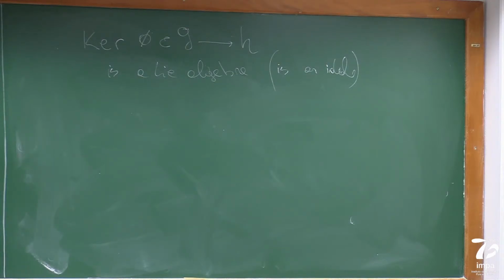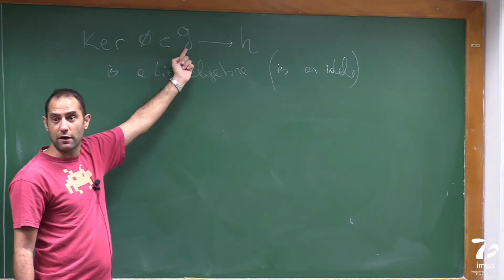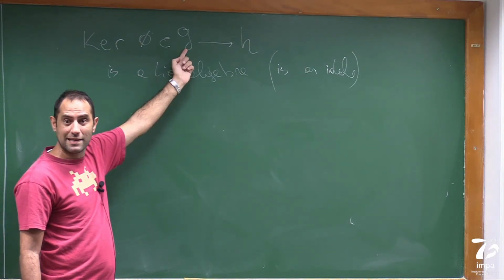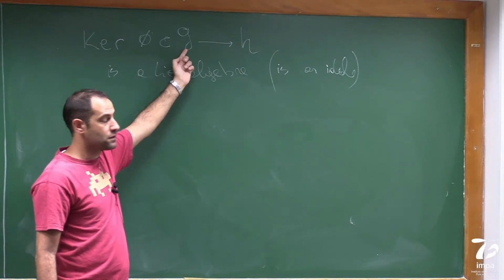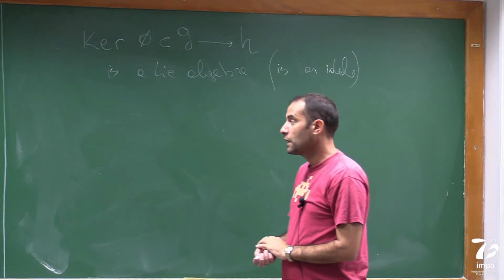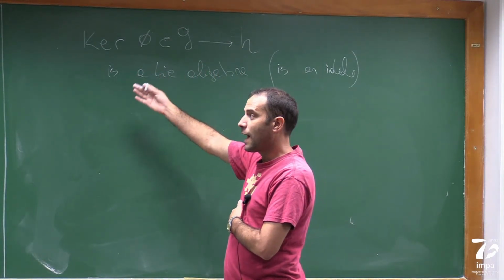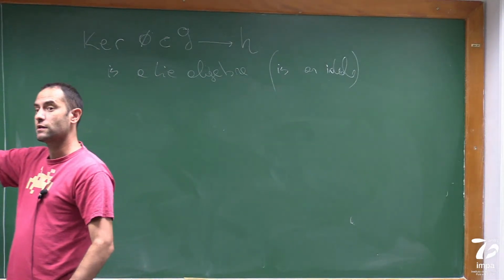And the fact that the bracket preserves this kernel is trivial because the bracket is computed inside of G. So 0 bracket anything is 0, or the bracket of two things that go to 0 is 0. Anyways, the kernel of a morphism is always a Lie algebra. And the kernel of the trace is called SLV.